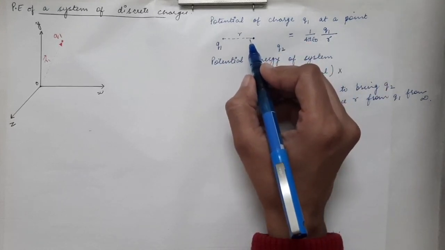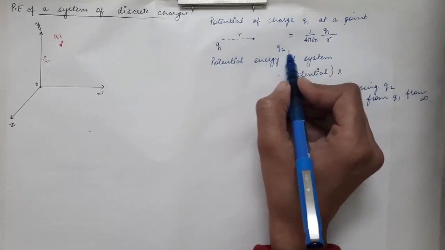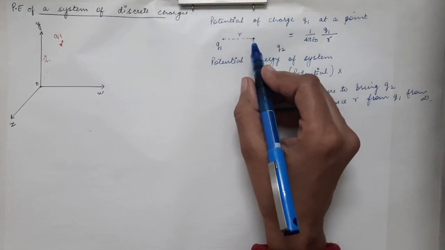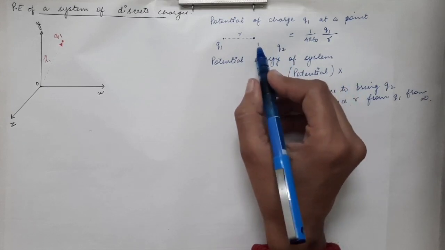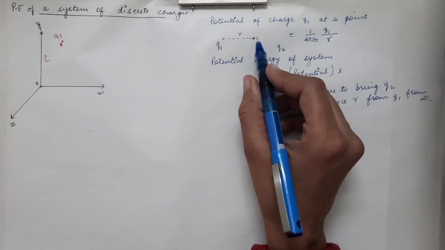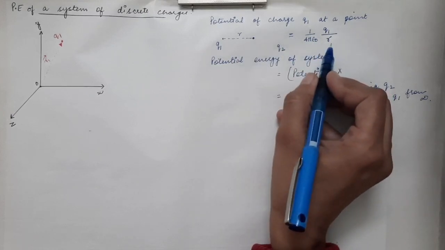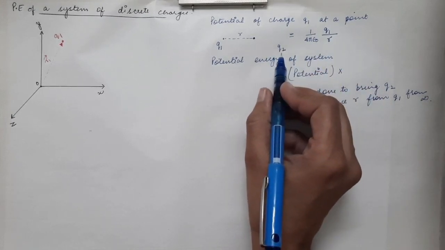So instead of a unit test charge, now we are bringing Q2 amount of charge from infinity to this same observation point. So earlier when we were bringing the unit test charge whose magnitude was equal to 1, the work was given by this formula. Now instead of unit test charge, we are bringing Q2 amount of charge.